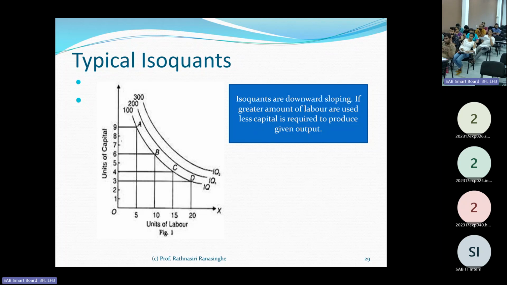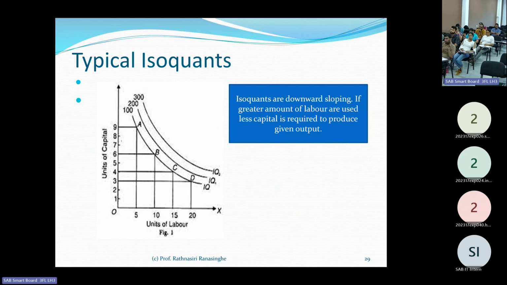At the first instance, you sacrifice 3 units; second instance, 2 units; and the third instance, 1 unit. Over time, the producer sacrifices a lesser amount of capital when increasing the labor inputs. So that's slow.